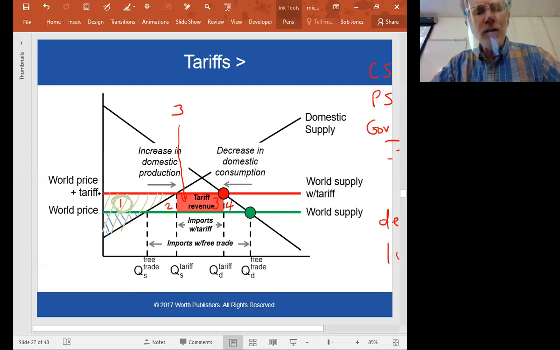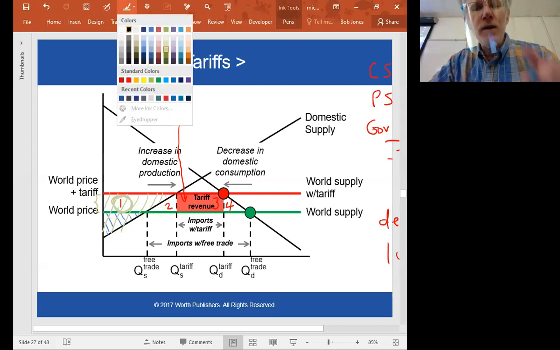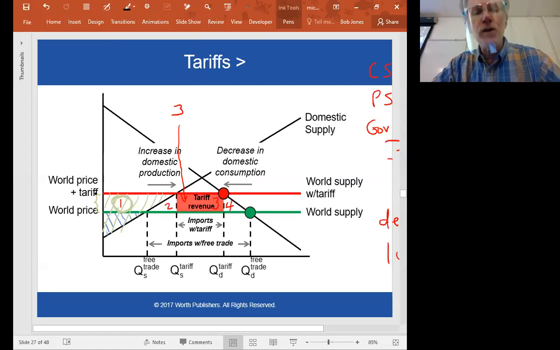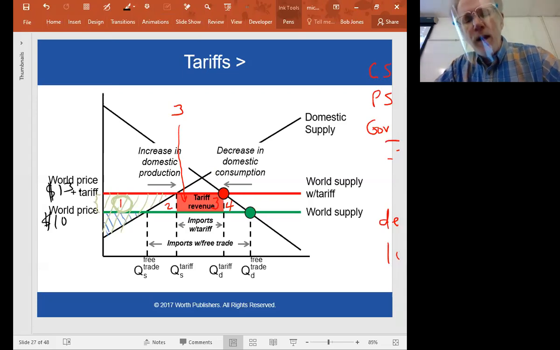The amount of the tariff is represented by that horizontal distance. Because remember, we shifted it up by $3 because we assumed that it was a $3 tariff. So the government is getting that amount per unit imported.